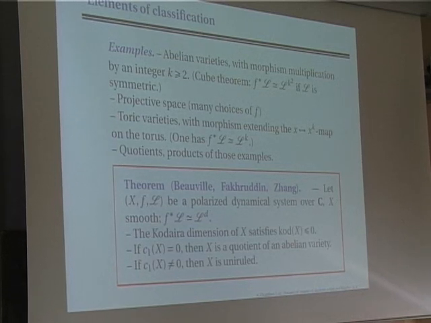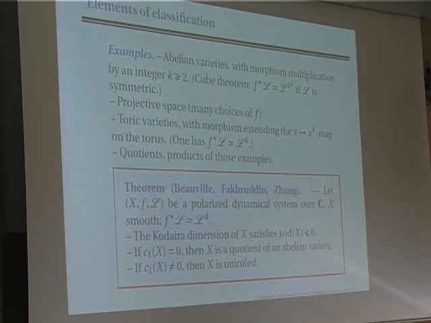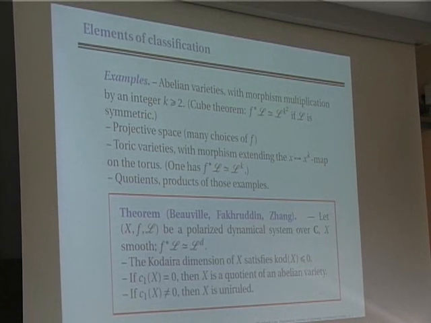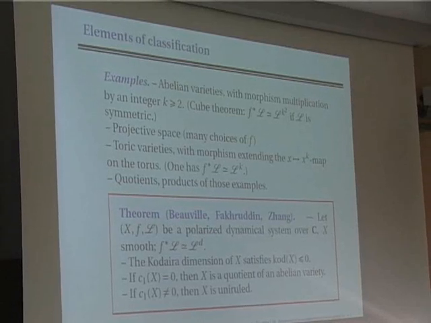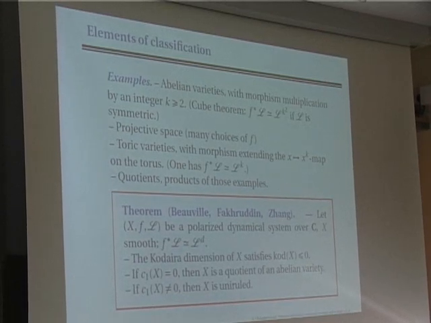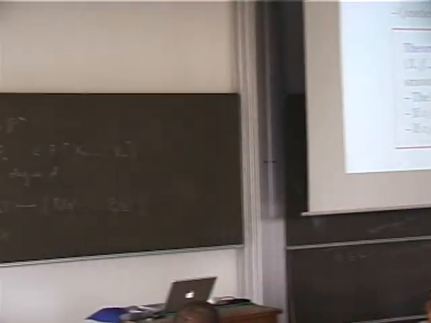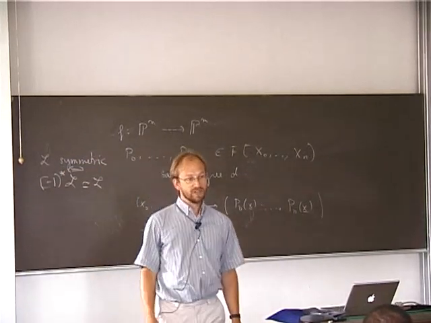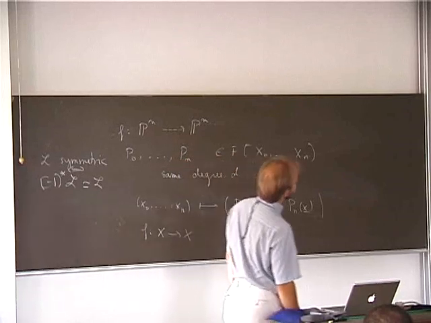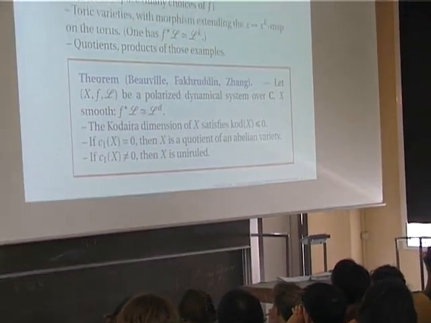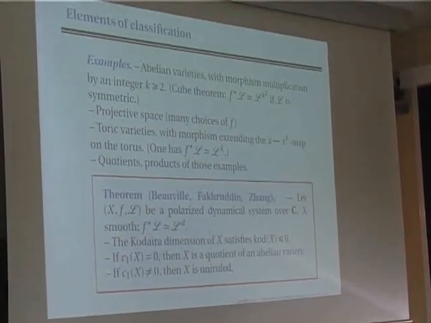Remember, there is a theorem in the theory of abelian varieties called the cube theorem, which tells you that if the line bundle L is symmetric, which means that if I take the inverse image of L by the multiplication by -1, then I get L again, then f star of L is isomorphic to L to the power k squared. And so k squared is greater than 2 if k is greater than 2. So the projective space gives many examples.